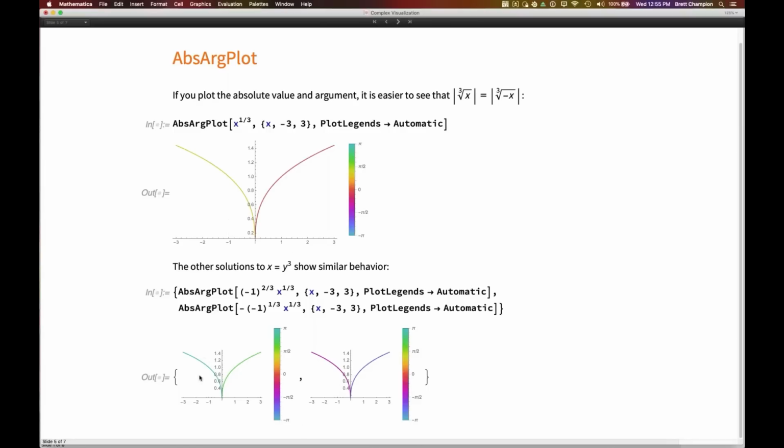So here it was 0 and pi/3. Over here it's 2pi/3 and pi. And then over here we have pi and minus pi. And then over here we have minus pi/3 and minus 2pi/3. Looking at these, you can get different insights and different views into how a complex valued function may behave over a real valued domain.